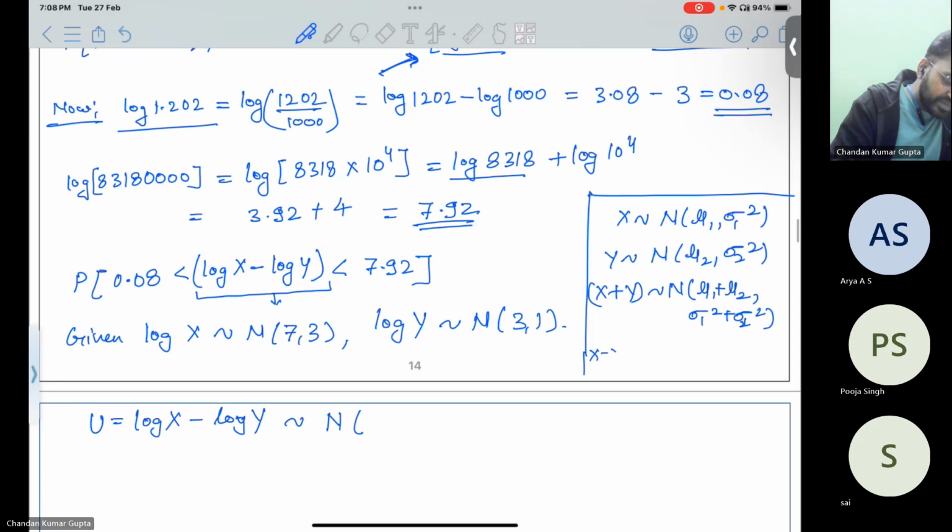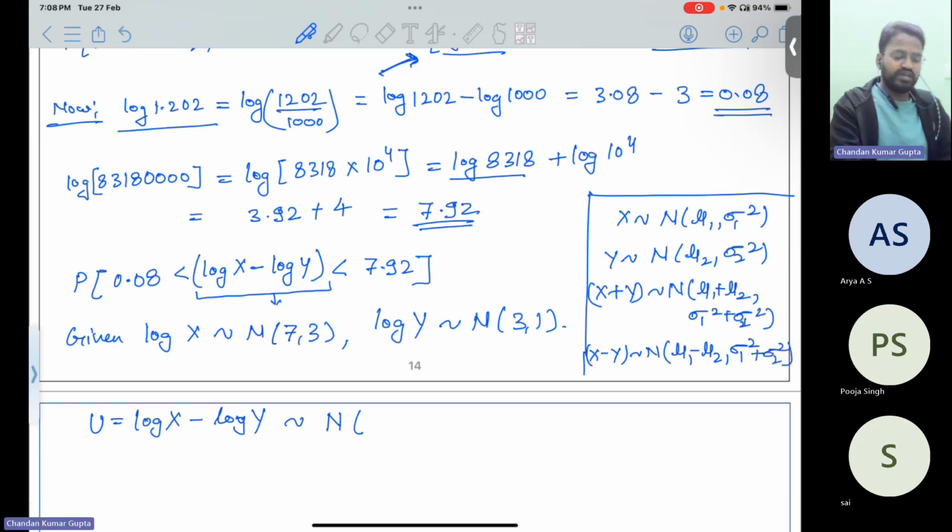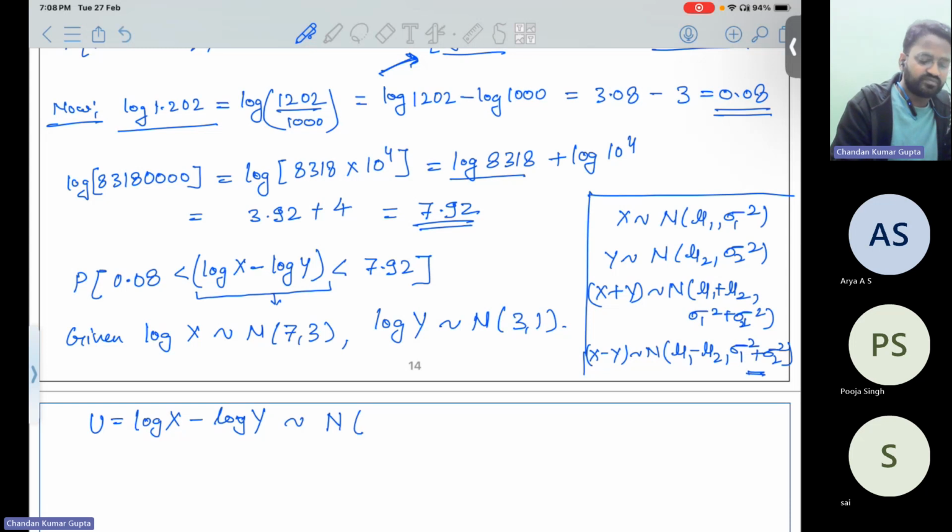And x minus y also follows normal distribution with mean mu1 minus mu2 and variance sigma 1 square plus sigma 2 square. In both cases it is plus for variance, and the mean value is minus.